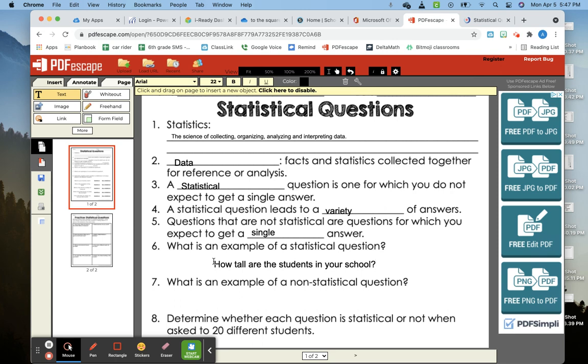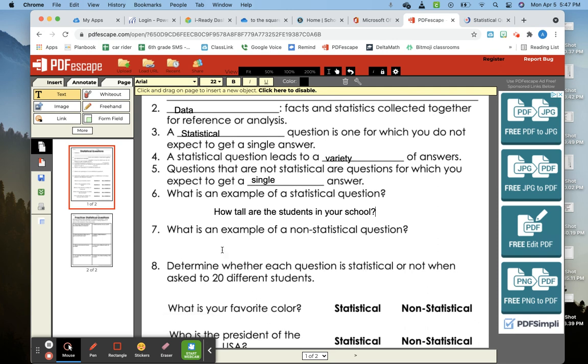A non-statistical question could be, how tall are you? If I ask that to one person, I'm only going to get one right answer, not more than one. Hopefully that helps.